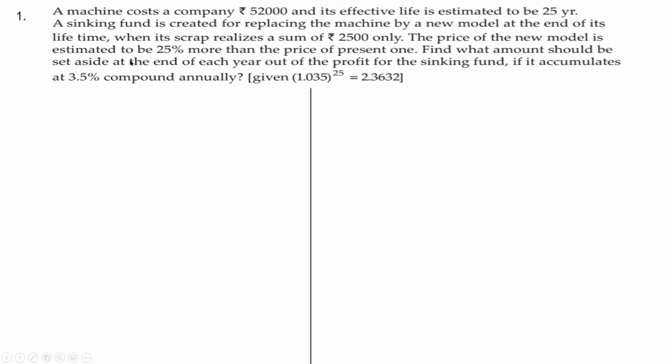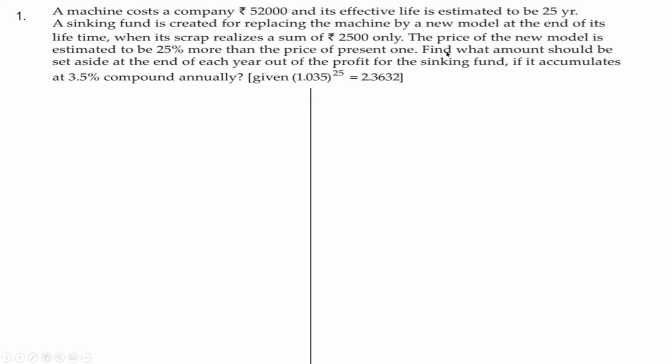So here the cost of the machine is given, its effective life is given, and we have to have a sinking fund for replacing this machine at the end of its lifetime where the scrap value is only rupees 2,500.